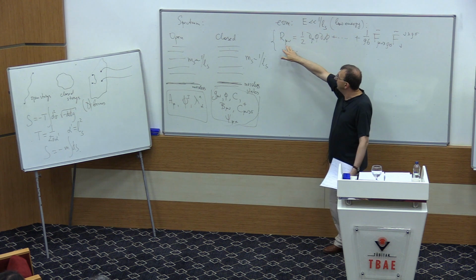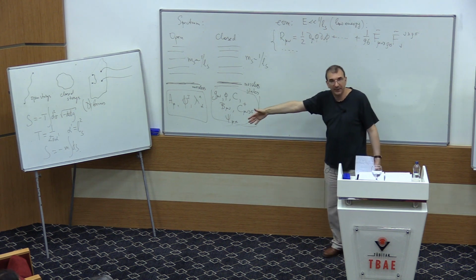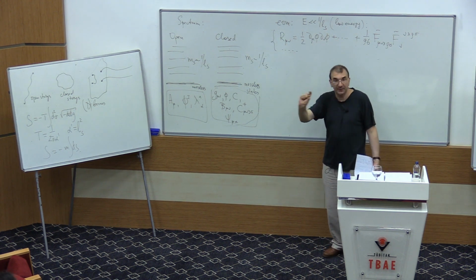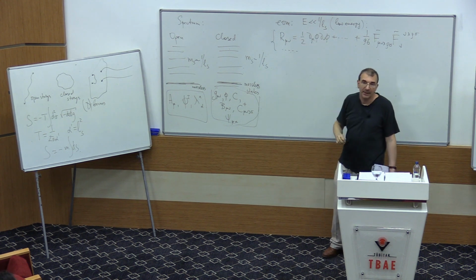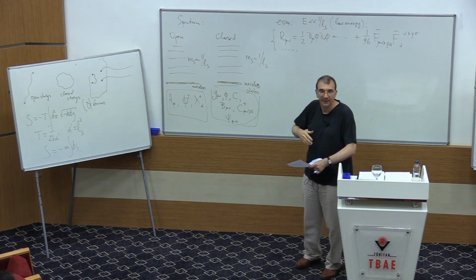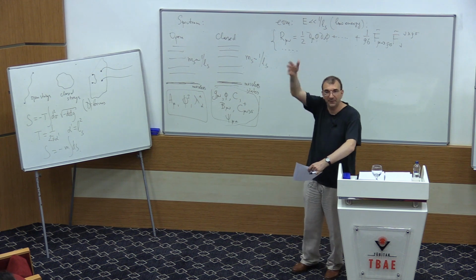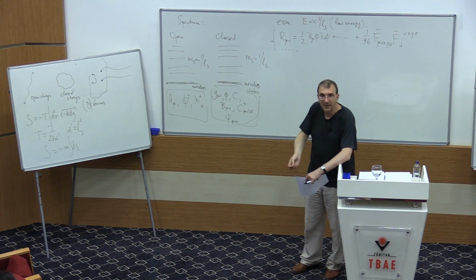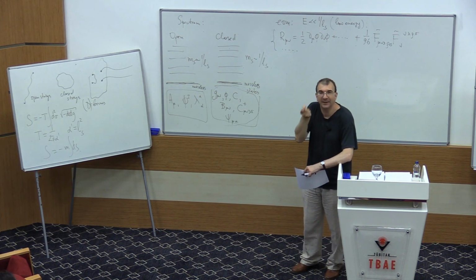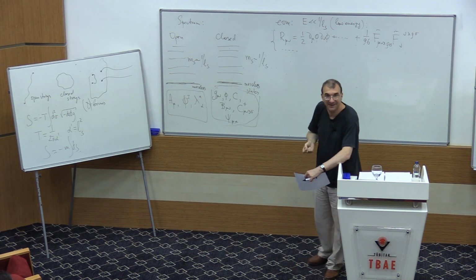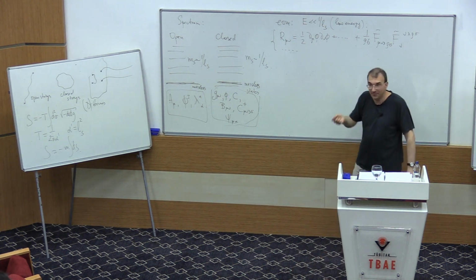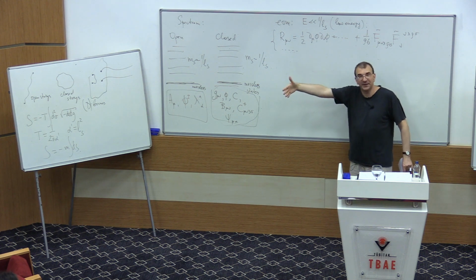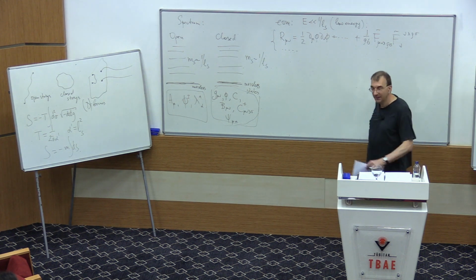String theory produces a generalization of Einstein's equations with specific coefficients in front of these terms. In principle, if we were able to measure some physical phenomena, such as the precession of the perihelion of Mercury, with a precision of the order of the Planck length, then we could confirm or refute the theory. So the prediction is there. These corrections are extremely small, so there is no way to go and measure them.